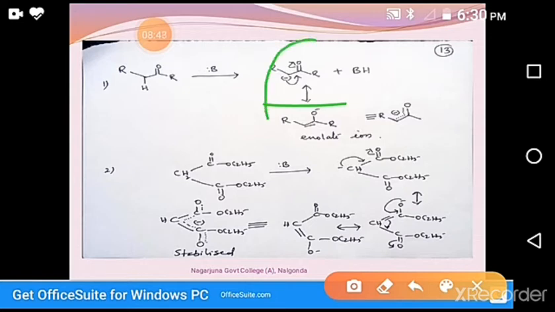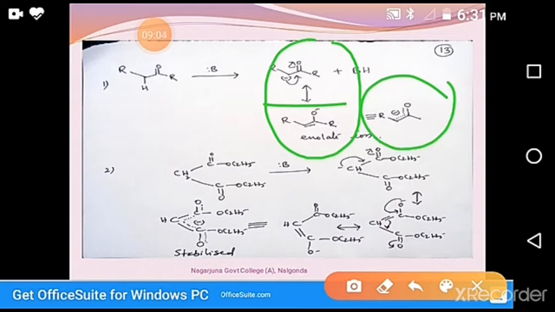These are the resonance structures of this carbanion. The enolate ion and the carbanion are both resonating structures. That means this minus charge is delocalized from carbon to oxygen. This is a resonance hybrid. So these three atoms share this negative charge. That's why it is stable. That's why the hydrogen is acidic, you can say.